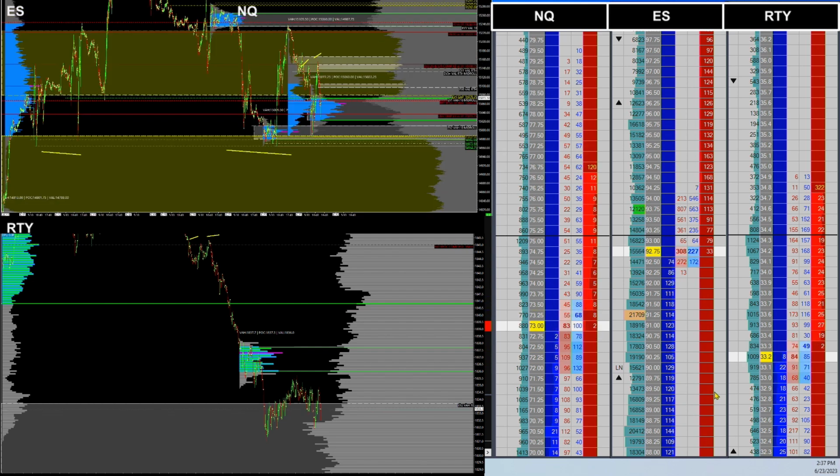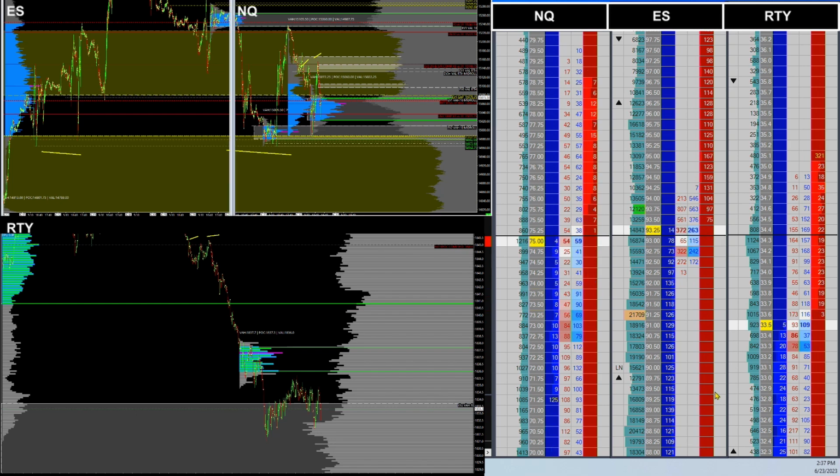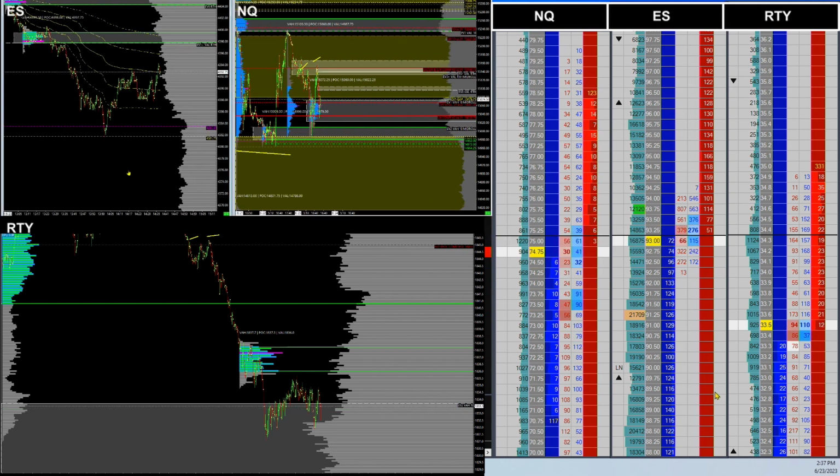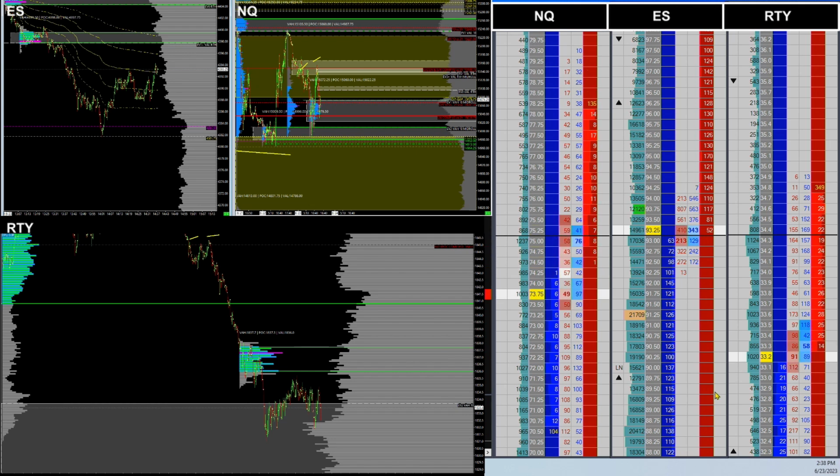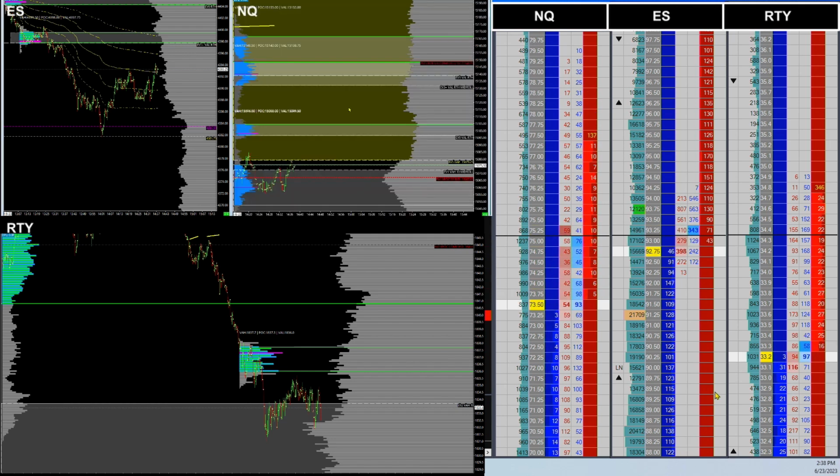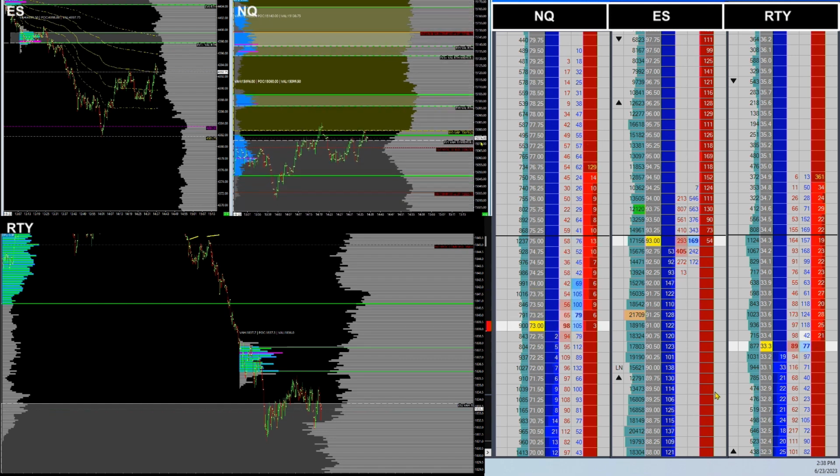That yellow box needs to run. Now it's getting stuck between the areas.